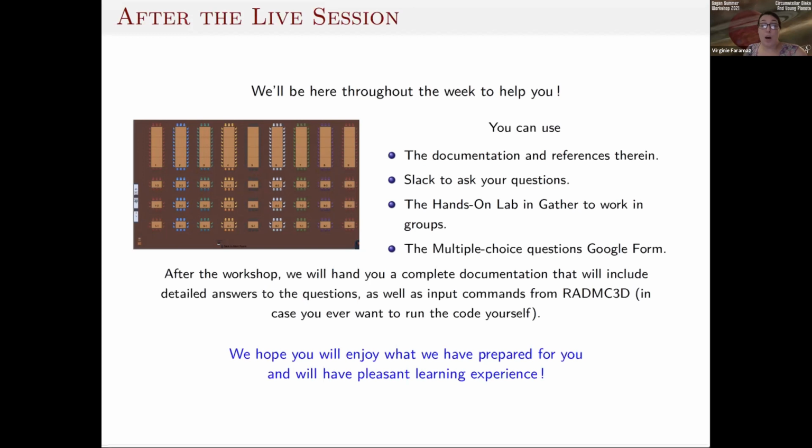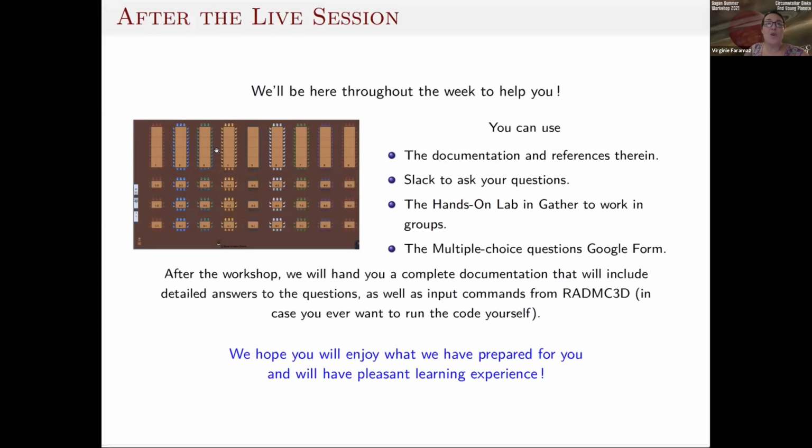We also have a hands-on lab in Gather that was put together. If you want to meet there with a couple of people and work together on your own time on the notebooks, you can. This is a screenshot of the hands-on lab. You have big tables and small tables, and each table is a private space.